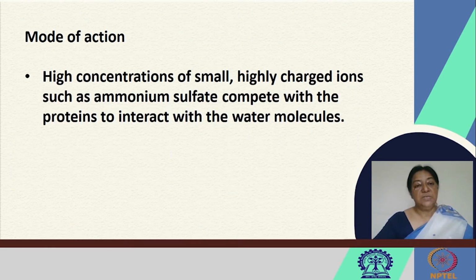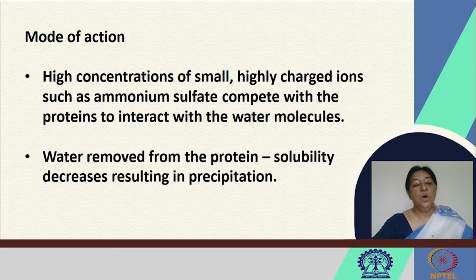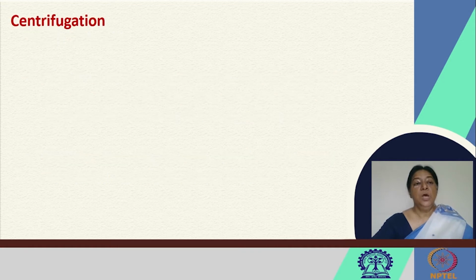The mode of action is such that the high concentrations of small, highly charged ions, for example, ammonium sulfate, compete with the proteins to interact with the water molecules because of their higher solubility. As a result, water is removed from the protein, resulting in a reduction in the solubility, which in turn leads to precipitation. So once we have our particular system, we can then go for other methodologies to isolate our protein of interest.